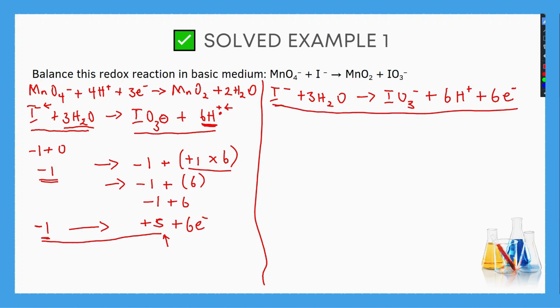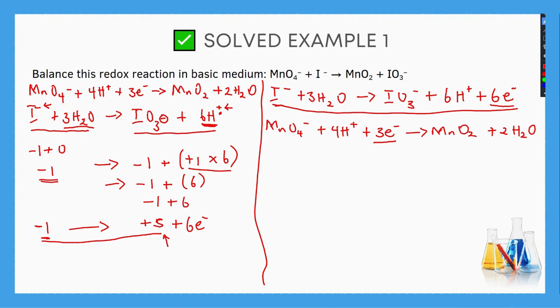Let's write the reduction half right under it. So we have MnO4 minus plus 4H plus plus 3e minus, giving us MnO2 plus 2H2O. So now, in this equation, the one below, we have 3 electrons.